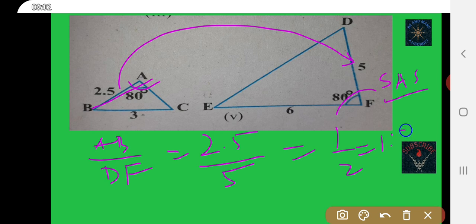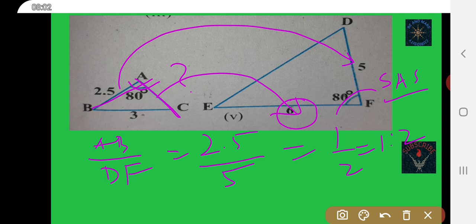Ratio is 1:2. And this side corresponds to this side. Here this side is given, but this side is not given. So you cannot check.